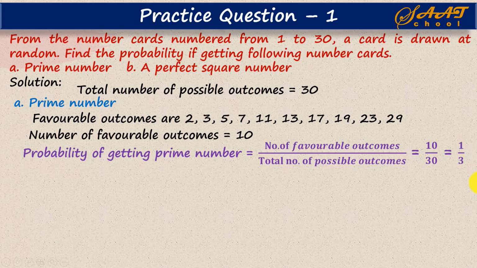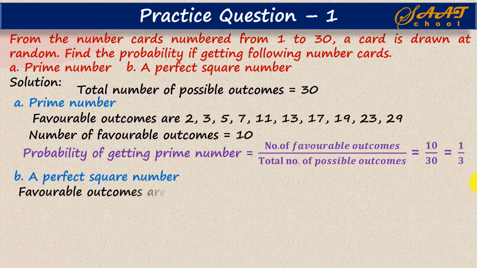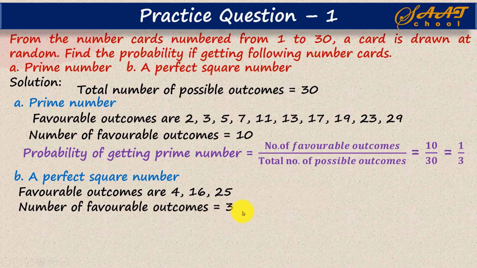Now the second question is to find probability of getting a perfect square number. Now we have to find perfect square numbers from 1 to 30, and they are 4, 16 and 25. So these are the numbers which are perfect squares from 1 to 30, and these are favorable outcomes. Here number of favorable outcomes now is 3.